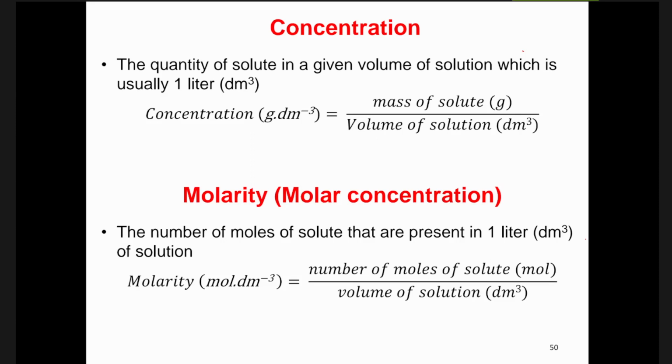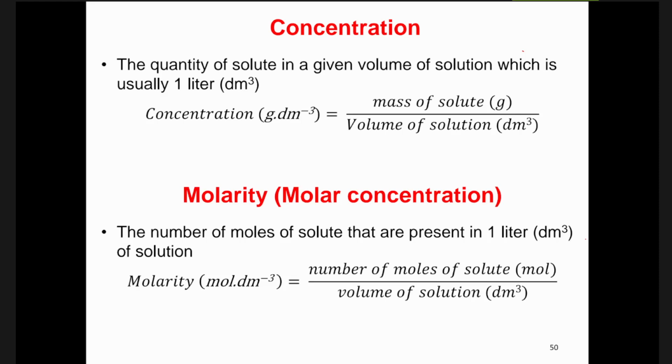When you check Wikipedia and search about the solubility of a compound, they will give you the saturation concentration. That means the maximum solubility is 20 grams per liter. So that's the quantity of the solute in a given volume of the solution, which is usually 1 liter.